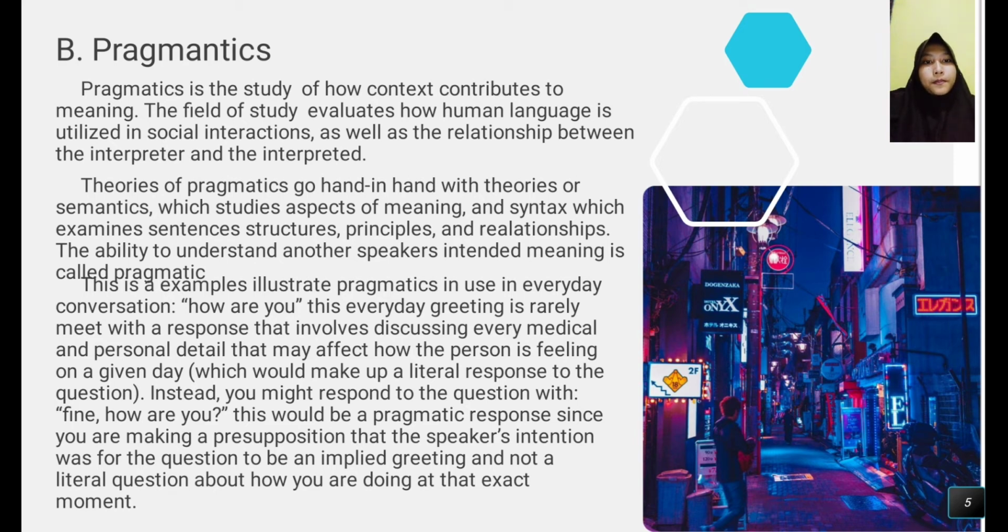Instead, you respond to the question with, fine, how are you? This would be a pragmatic response since you are making a presupposition that the speaker's intention was for the question to be an implied greeting and not a literal question about how you are doing at the exact moment.